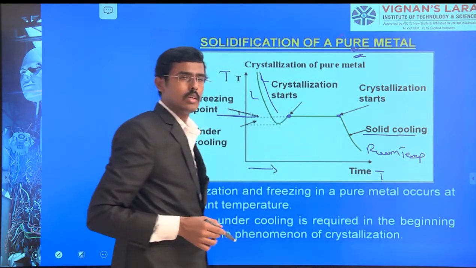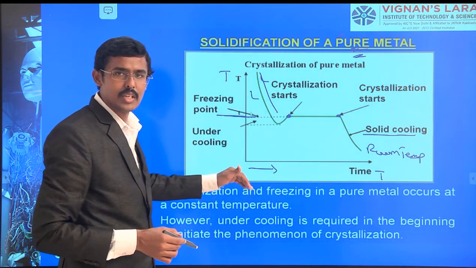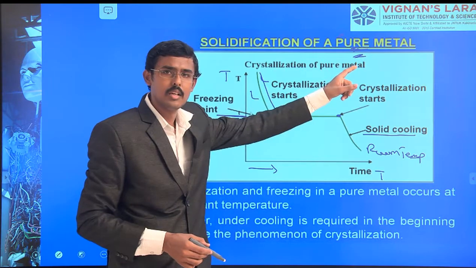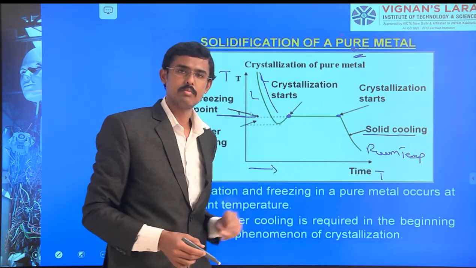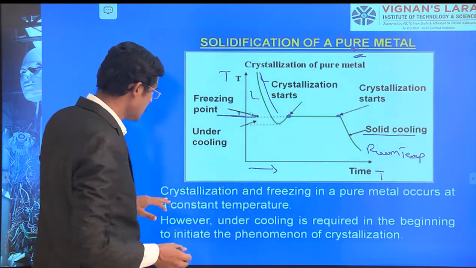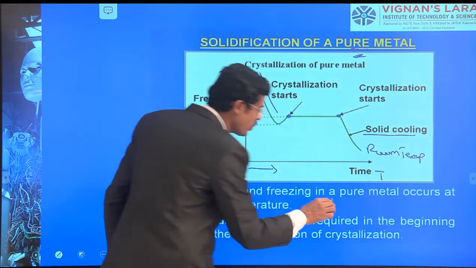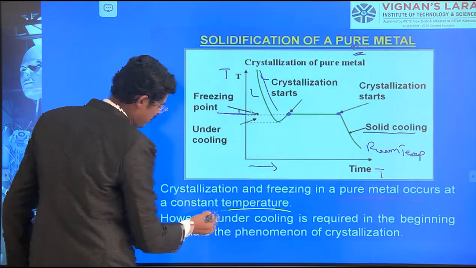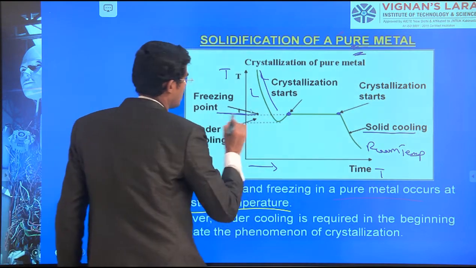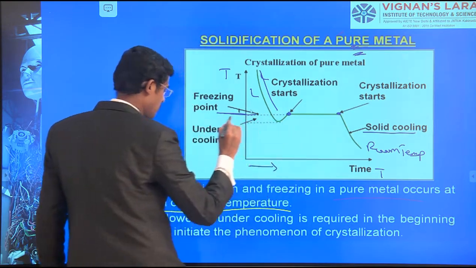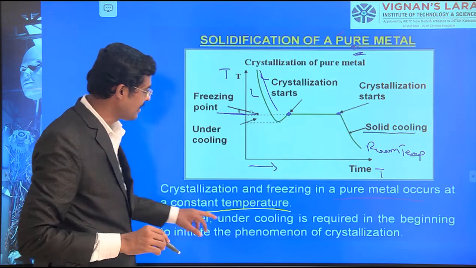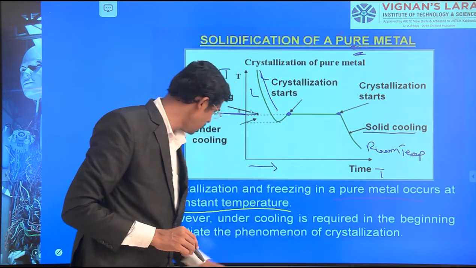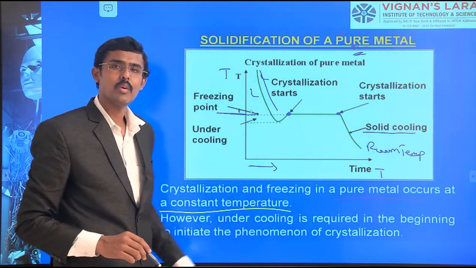Right? So we understand from this figure that the pure metal cools at a single point. Crystallization and freezing of the pure material occur at a constant temperature. This is the constant temperature. However, undercooling is required for initiating the phenomenon. What happens here?